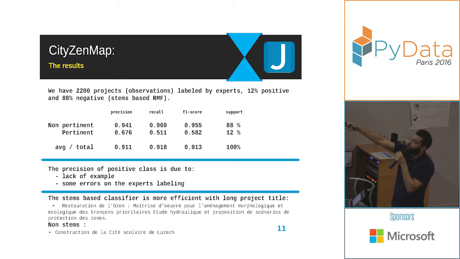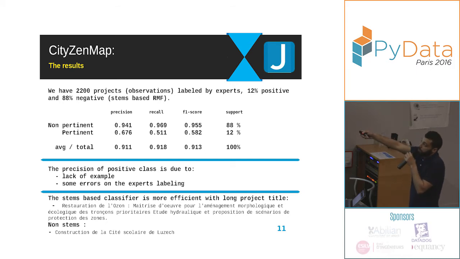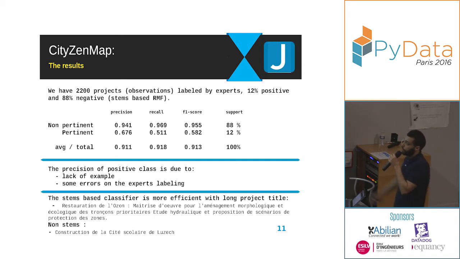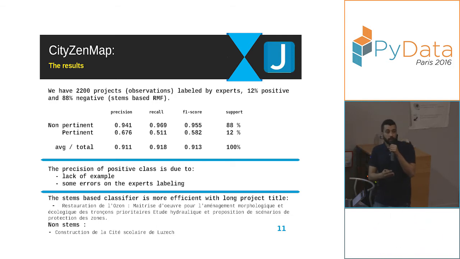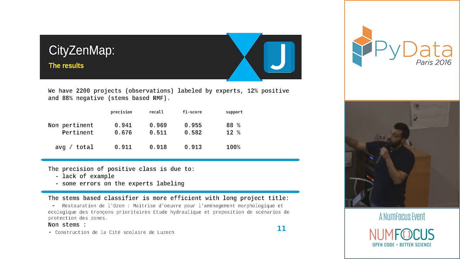So 12% of 2,000, for the 2K projects that we labeled to train the classifier, is actually a lack of examples. The second reason is that the data were labeled by different experts. So sometimes with very similar projects, one of the experts will label one as positive, and the other will label it as negative, and this has caused some problems while learning the models.